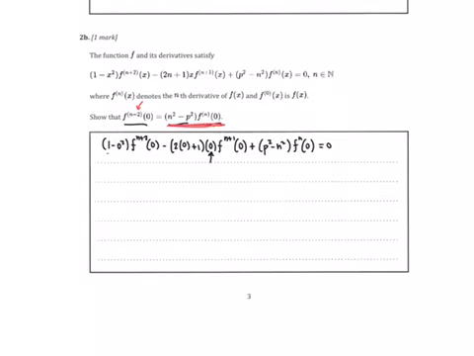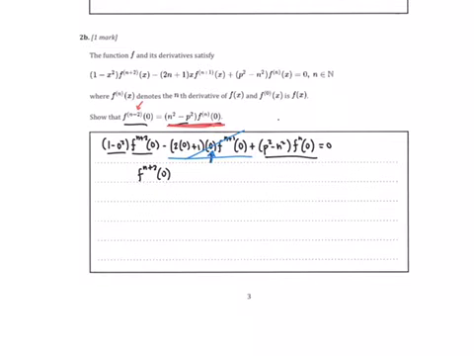Okay, so let's analyze this a little bit. This will be 1 times the n plus second derivative evaluated at 0. So that'll just be this. Okay, this whole term here, because of this 0, is going to disappear. Here you go. So what I have left is this, and I'm going to bring it to the other side.